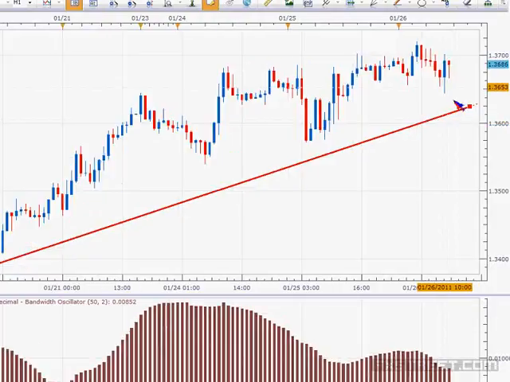The good thing about breakouts is that if you think prices are going to move down and prices end up moving up, and you never get entered into the trade, that means you never get entered into a losing trade, which is very important. So wait for prices to prove to you that they want to go down, and a break of this line would be a confirmation.